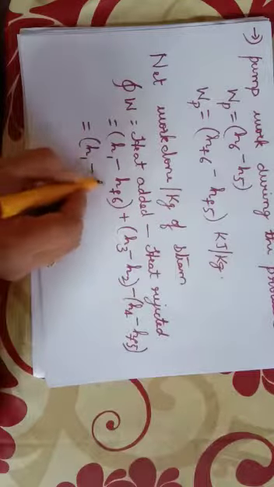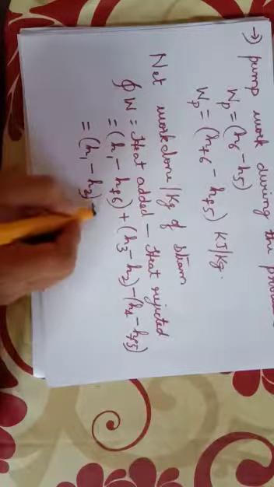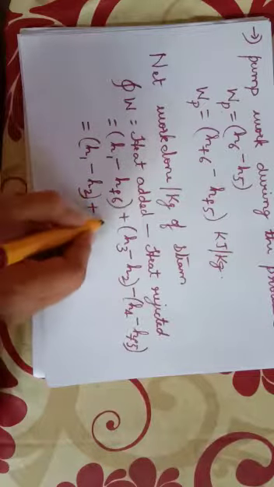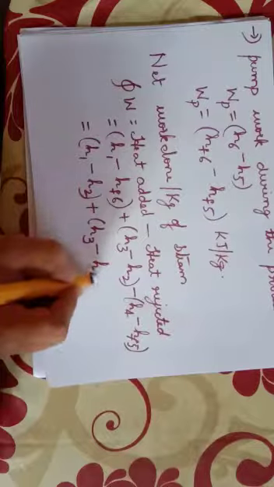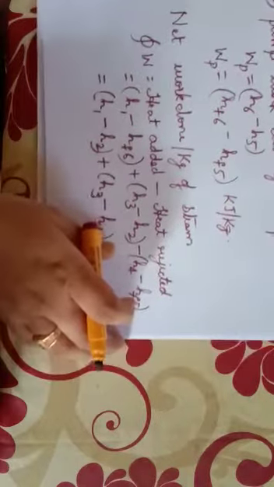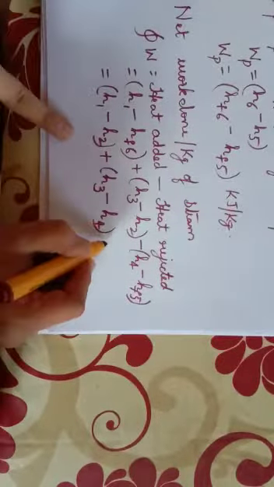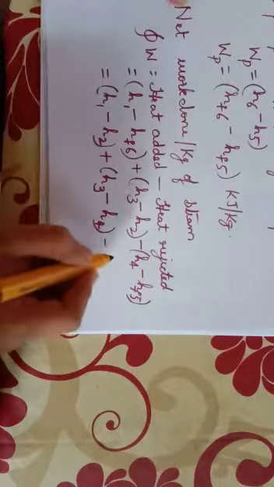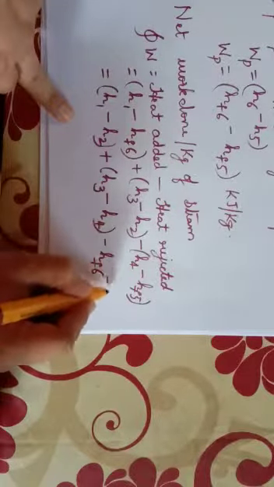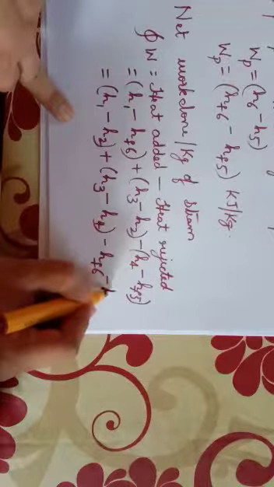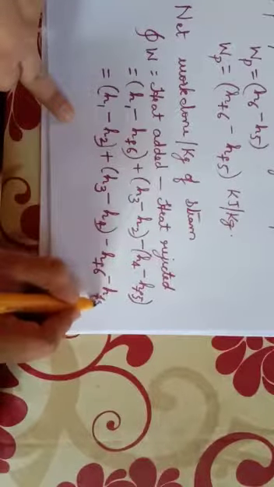That gives H1 minus H2 plus H3 minus H4, minus HF6 minus HF5.